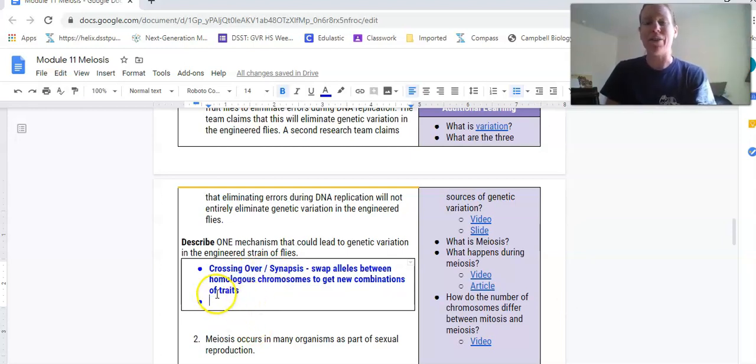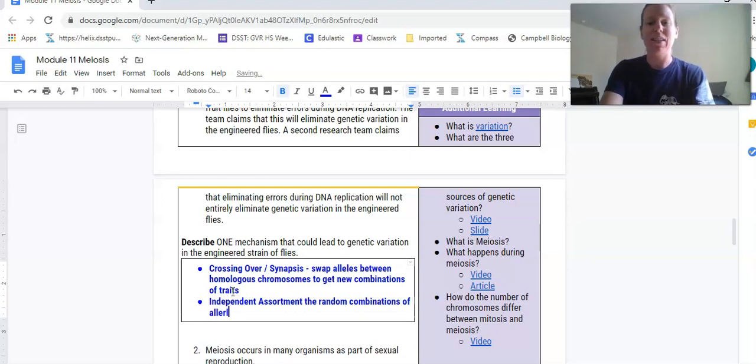There are so many other ones and you probably can yell them out right now. Yes, you did yell out random fertilization, independent assortment. Meiosis produces new combinations of alleles, which is independent assortment, or the random combinations of alleles present in haploid gamete cells.